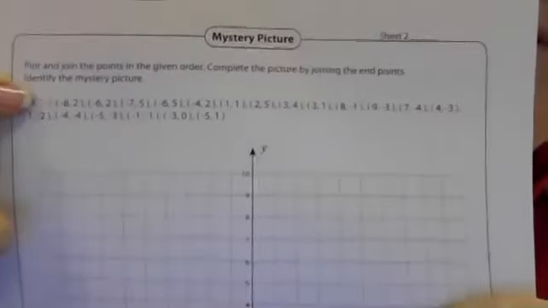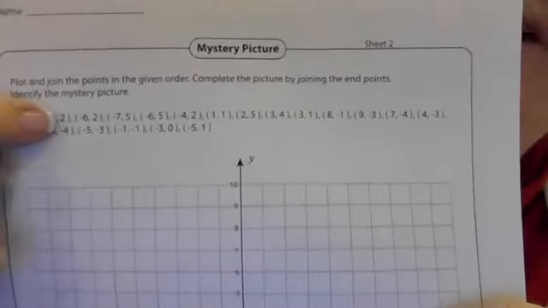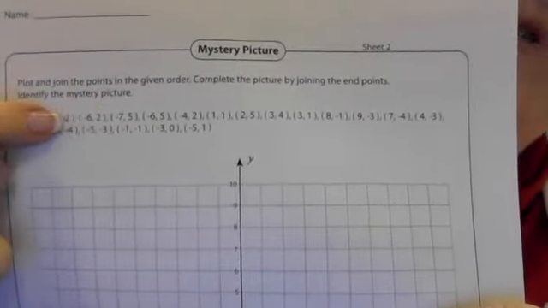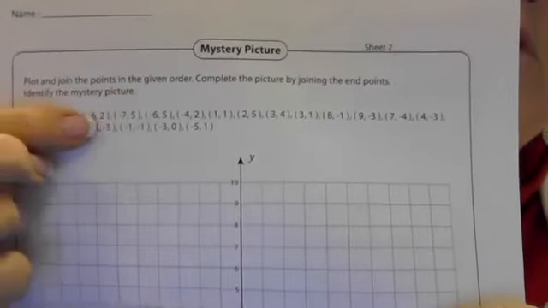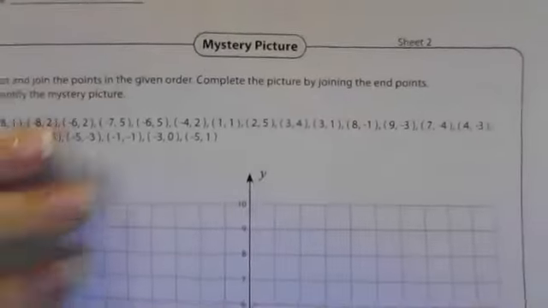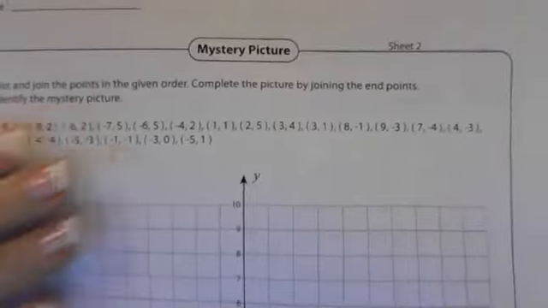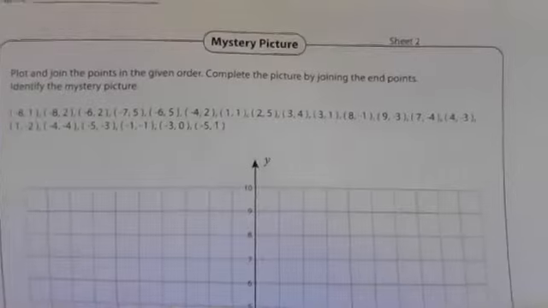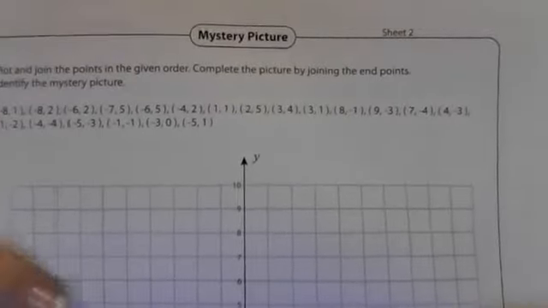You plot this point, then plot this point and connect those. Then plot the next one and just connect it as you go. Because I know from experience, if you try to plot all of them and then connect them, it's a mess. Okay, this is just practicing plotting points. It's kind of a fun way to do it because it comes up with a mystery picture.